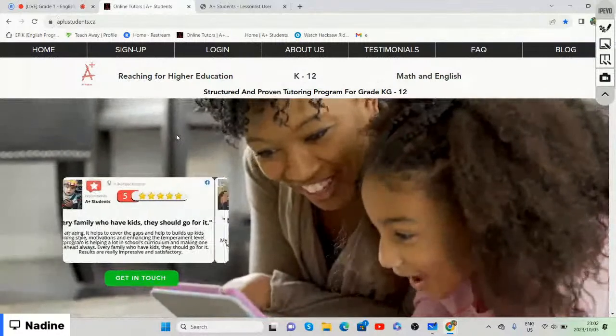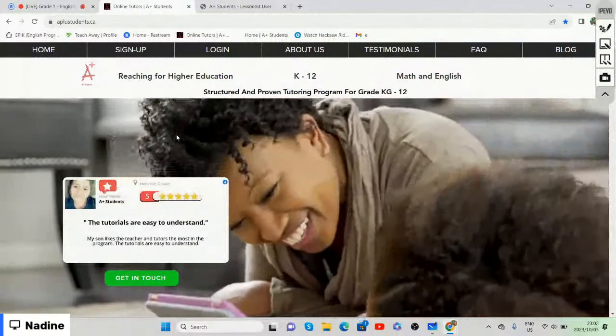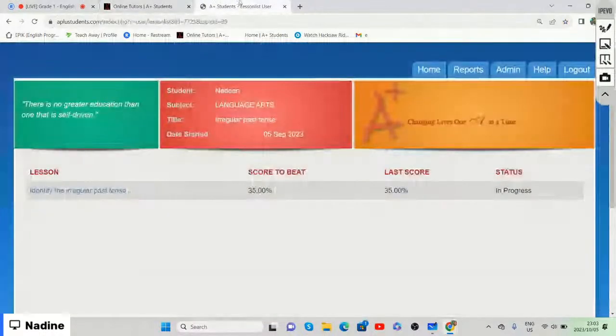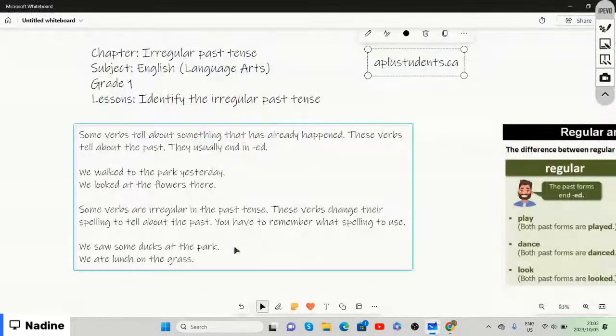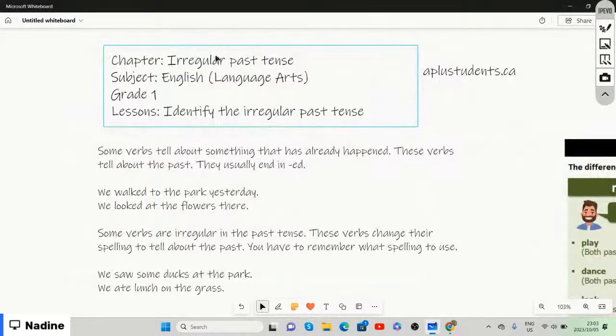All right, then you're going to scroll down all the way until you get to the chapter of irregular past tense. So the chapter is irregular past tense.